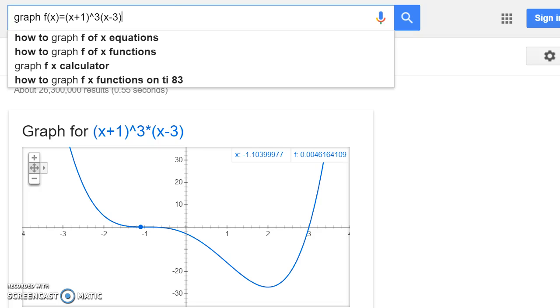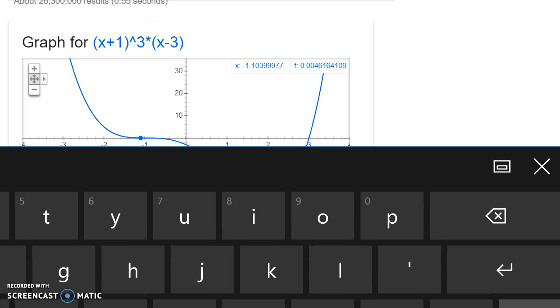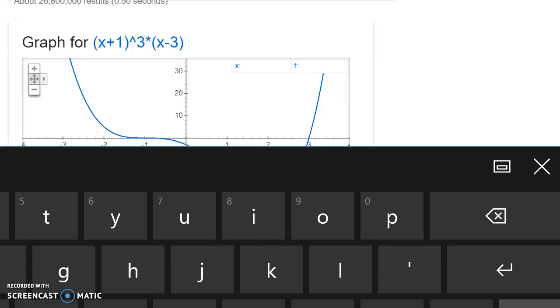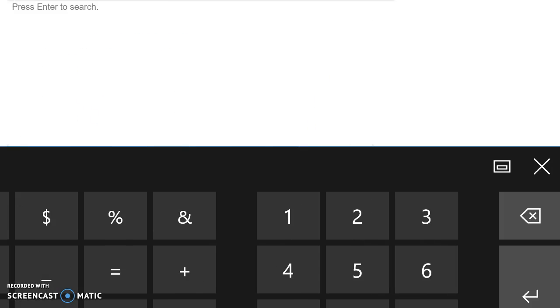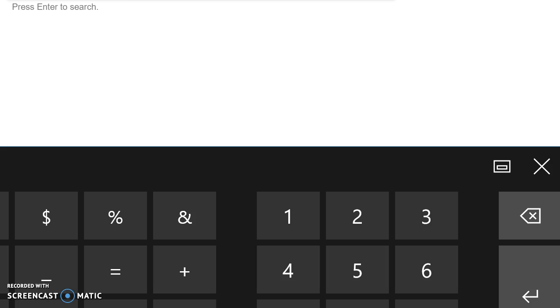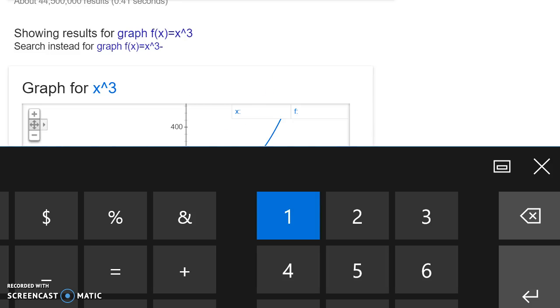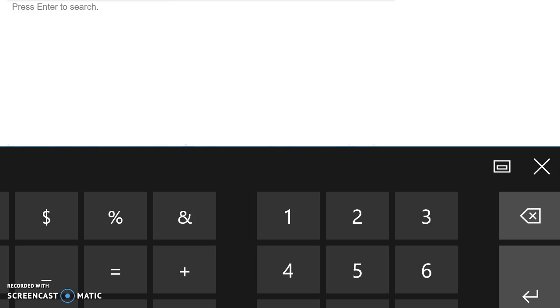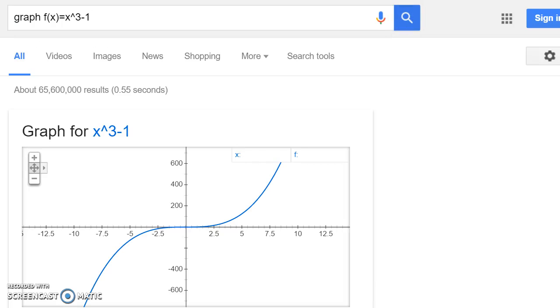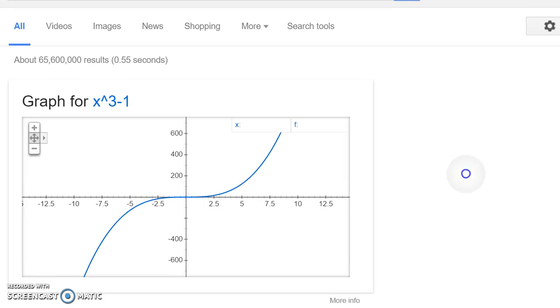We're going to get rid of all of this, and we're just going to graph f of x equals x cubed minus 1, and see what it looks like. Search, graph. Look at that, right?